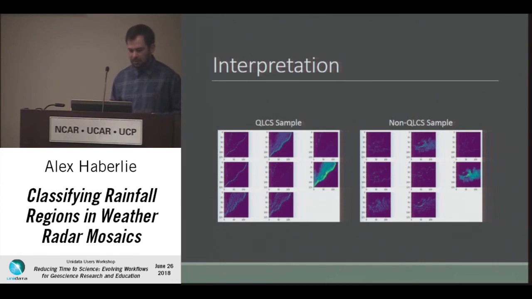So the interpretation of this, I need to go into this more, but I found some cool things, and this was talked about before, where the neural network is actually learning what kind of filters to use to find the best ways of gathering information out of the image. And what this is suggesting on the QLCS sample, which is the input image, is that it's picking up on these linear features in here.